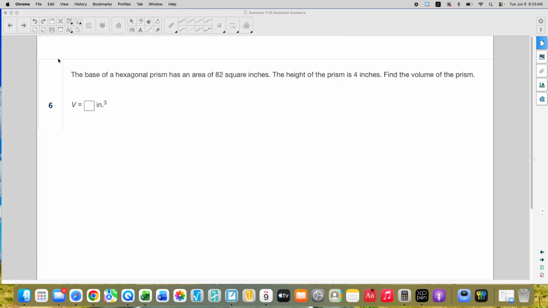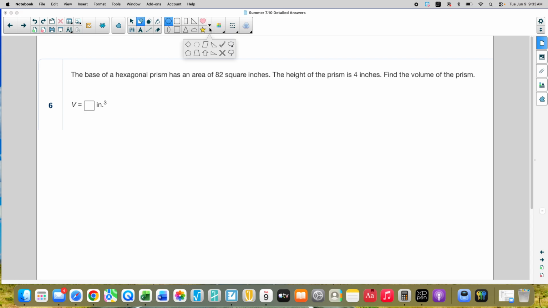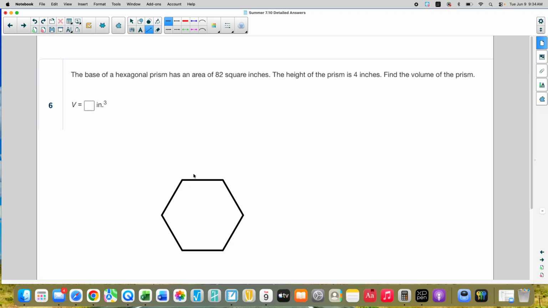Has 6 sides. So I just wanted to draw a 6-sided figure. Nope, that's not it. Here we go. 6 sides. So that didn't go on an angle. I was kind of hoping it was going to go on an angle, but that's okay. We can still do it. So this is what it kind of looks like on its side.